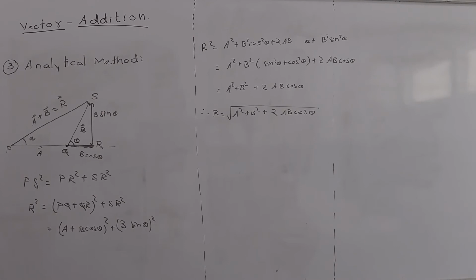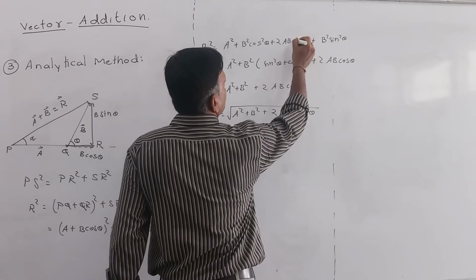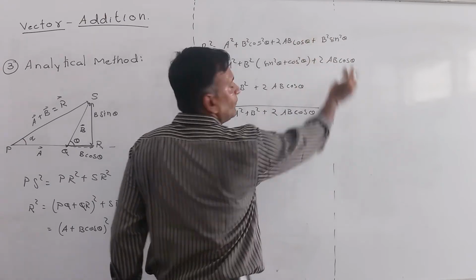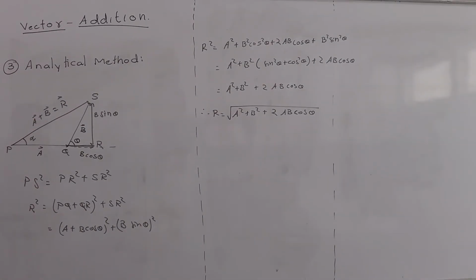Next one is the easy explanation. What I am doing now, from here I am expanding this bracket, A plus B cos theta whole square. See over there, it's A square plus B square cos square theta plus 2AB cos theta. Now can you see these two terms?